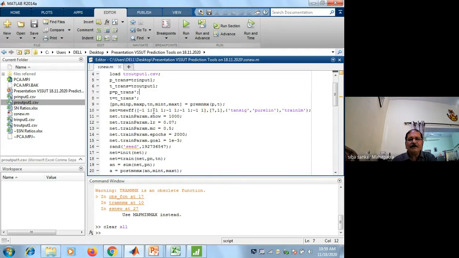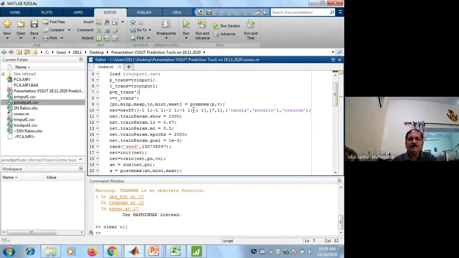This will appear 5 times, depending on the number of input variables that we have. All the data is between -1 and +1, because we have normalized the data using this equation.